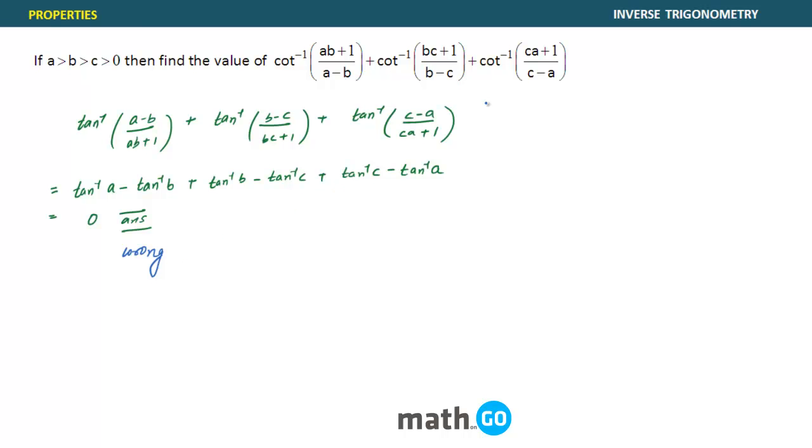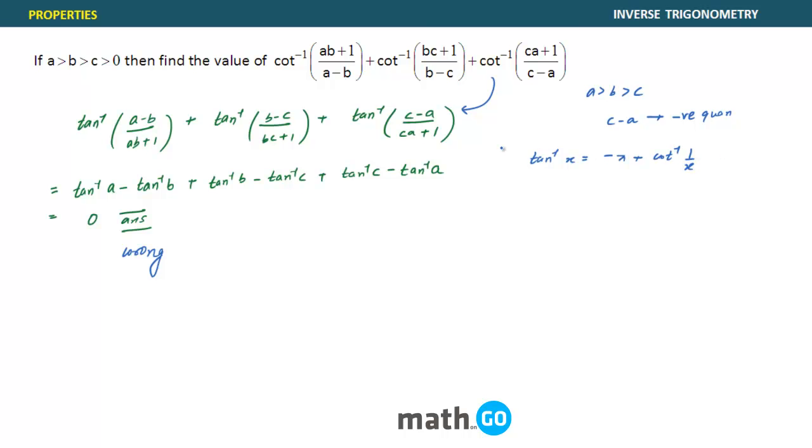What is the problem is when you have come here in this particular step. Now what is happening? Let's see. It is given that a is greater than b greater than c. Here what is happening? c minus a is a negative quantity, right? We did tan inverse x is equal to minus pi plus cot inverse (minus 1 by x).